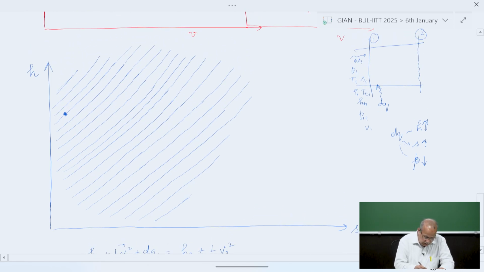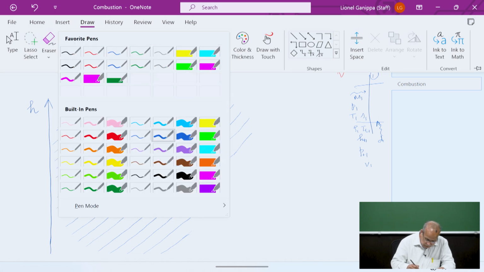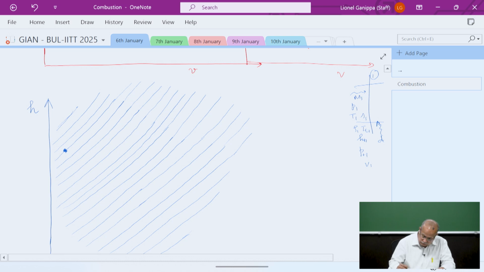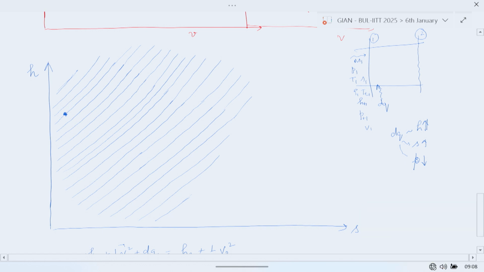Now, let's start at this point here, 1. What should be the next point due to the addition of heat? Due to the addition of heat, my next point should be above this, and it should be to the right of this point, but then my pressure should decrease.